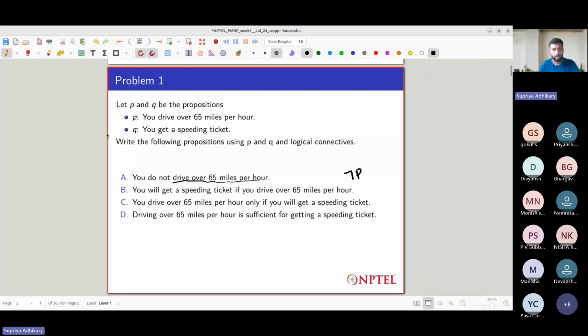It is a compound statement. You will get a speeding ticket is the proposition Q, and you drive over 65 miles per hour is the proposition P. Only if the proposition P is true can you say that Q is true. So this is nothing but the implication P implies Q.